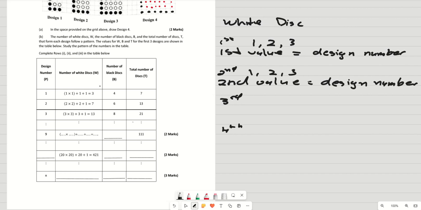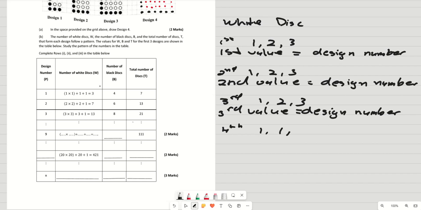Your third values, if we look, are 1 2 3 as well, so your third value is equal to your design number. And when you look at your fourth, all of them are 1 1 1 1.